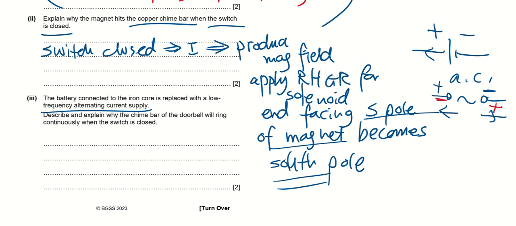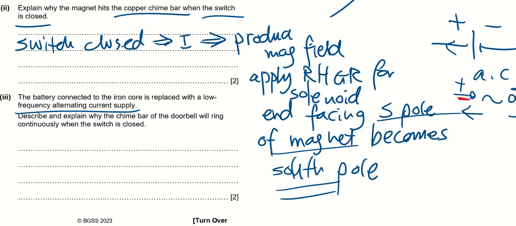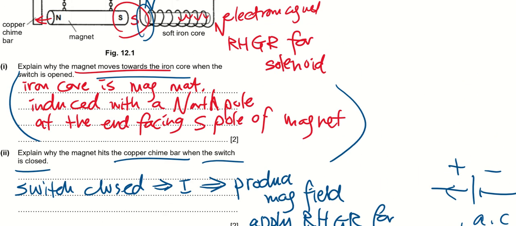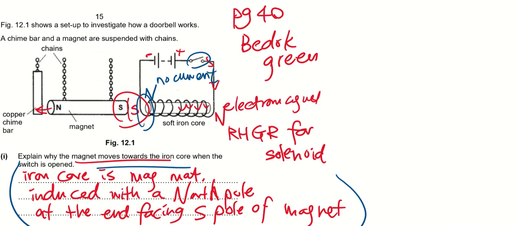When we replace it with AC, what happens to the direction of current? It keeps changing, right? What happens to the magnetic field's direction that it produces? It keeps changing. So what happens to the poles here? It either becomes south or north, keeps changing.